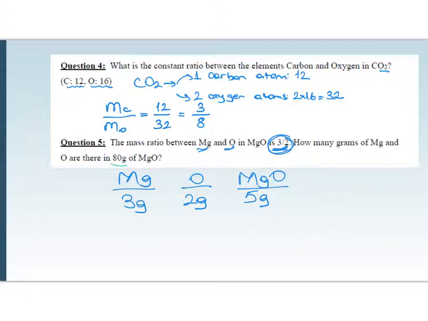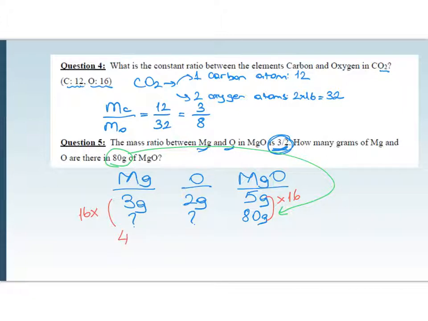Now, if you have 8 grams of magnesium oxide, which should be written just exactly here, what about the mass of magnesium? What about the mass of oxygen? Now, look at it. How many times does this one increase? 16 times. So these data should be increased also by 16, because this 3 over 2 ratio should not be changed.